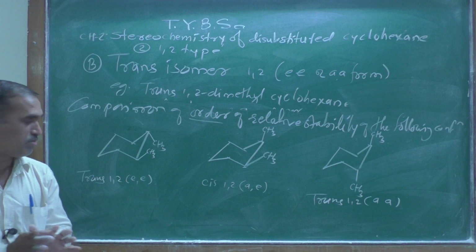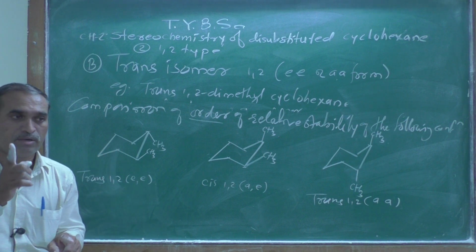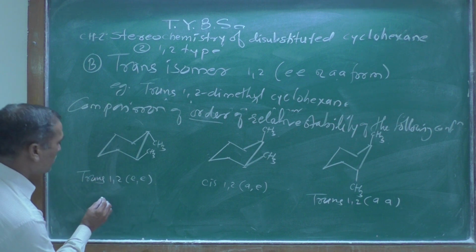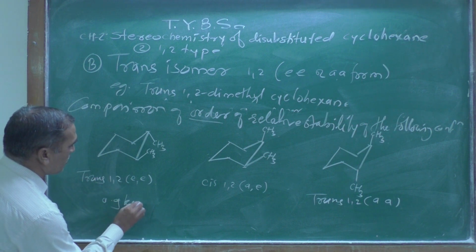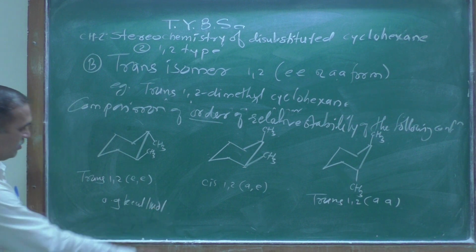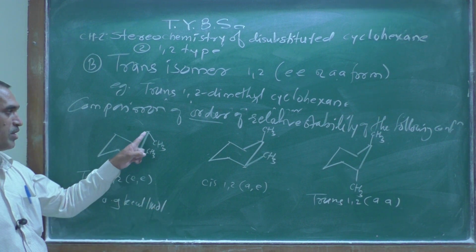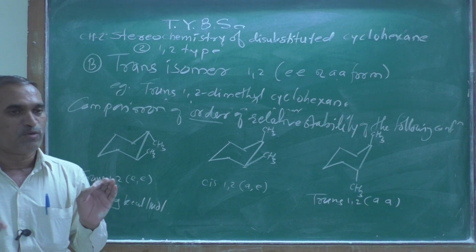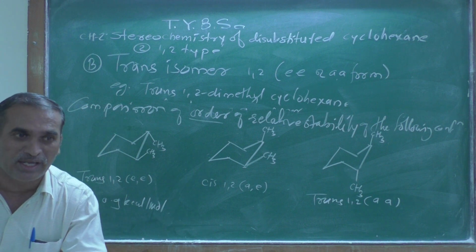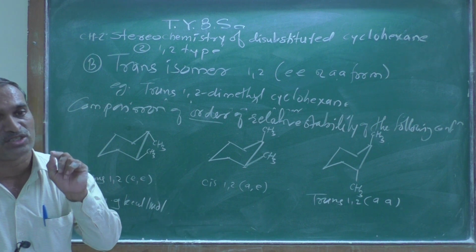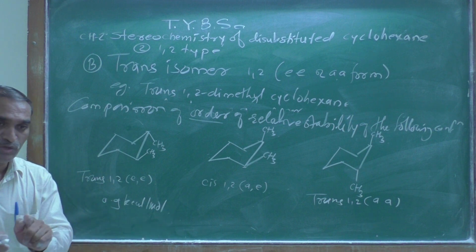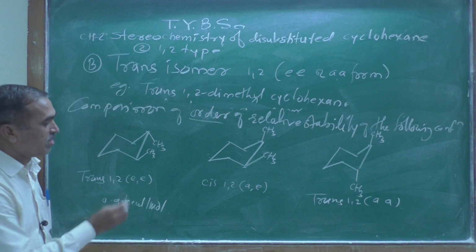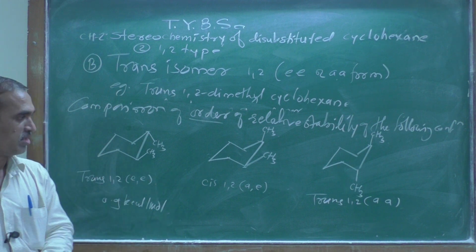Just now we have seen there is one butane gauche interaction, and therefore the energy is 0.9 kilocalorie per mole, because both are present at the equatorial position. There is no 1,3 diaxial interaction, only one butane gauche interaction, so this much energy, 0.9 kilocalorie per mole, is associated with this.